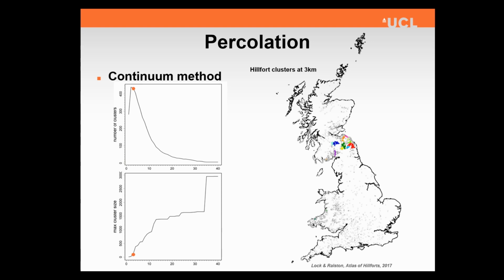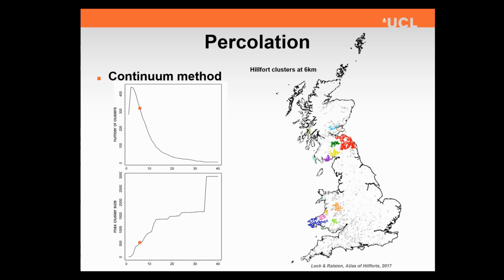So if we step through, this is at 3 kilometers. The coding here is red is the largest, blue the second, and so forth. So just for clarity, we're picking out the top 15 clusters. And you can see that there's a large number of clusters here. Of course, at 0, there are no clusters because they're all individual points. So we step on through 4 kilometers, we can see that a cluster is beginning to grow, and we've got some other clusters appearing down here in Wales, and so on.